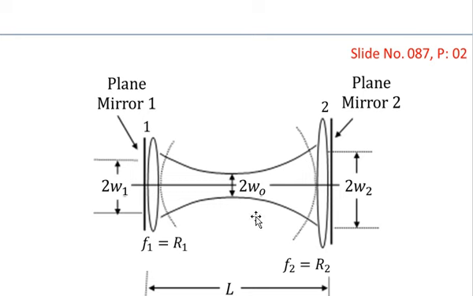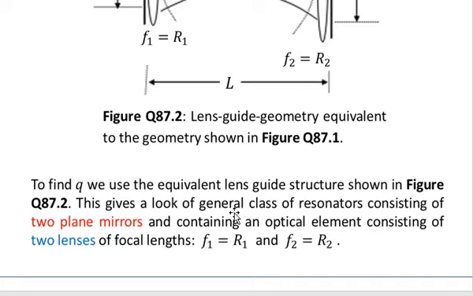But if R1 and R2 are not equal, it could be located before the center of the cavity or after the center of the cavity. So we have to find two things about this beam waist. One is the location, where this beam waist exists, and the second is the radius of this beam spot, which is W0, because W0 is the radius of the laser spot within the resonator.